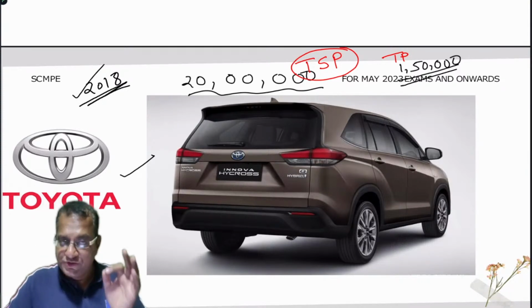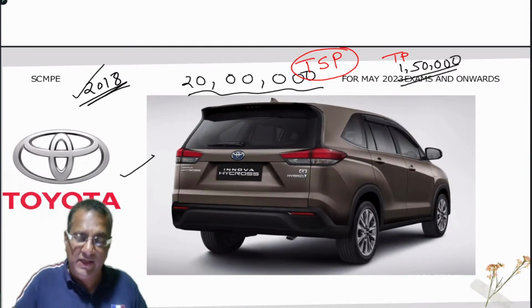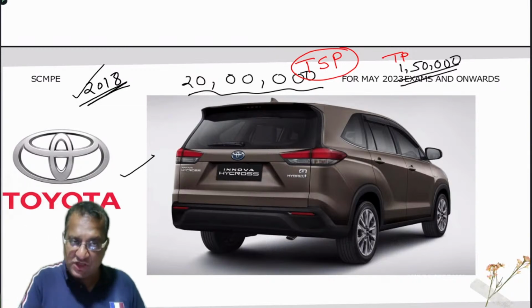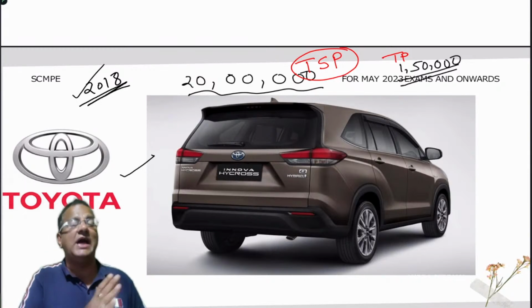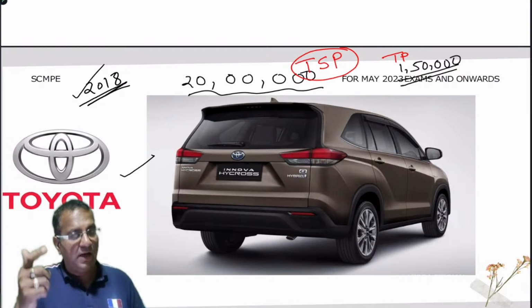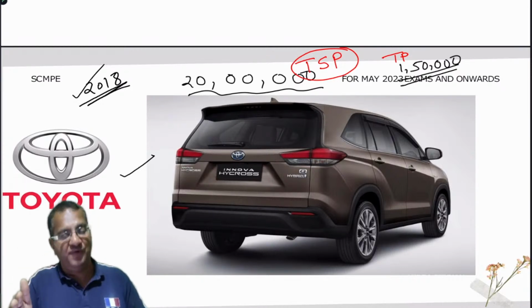I am saying it again, when we prove that yes, we can manufacture this hybrid car with the specified functionality and quality at the target cost of 18,50,000, then this brain idea will be converted into the manufacturing stage.